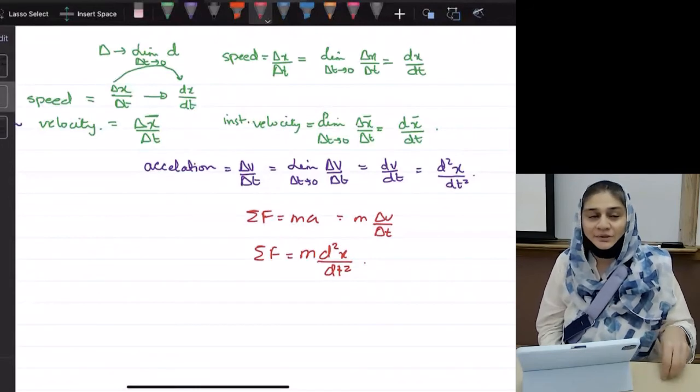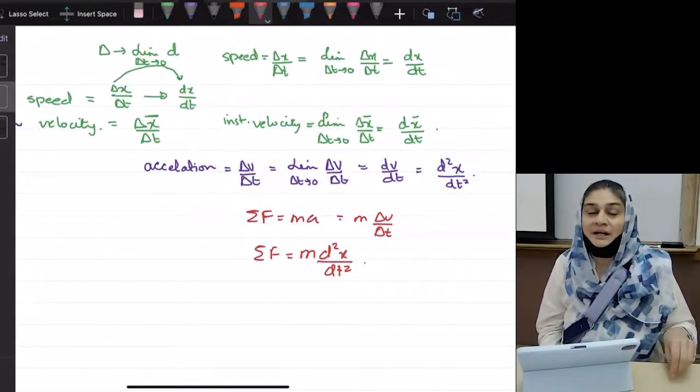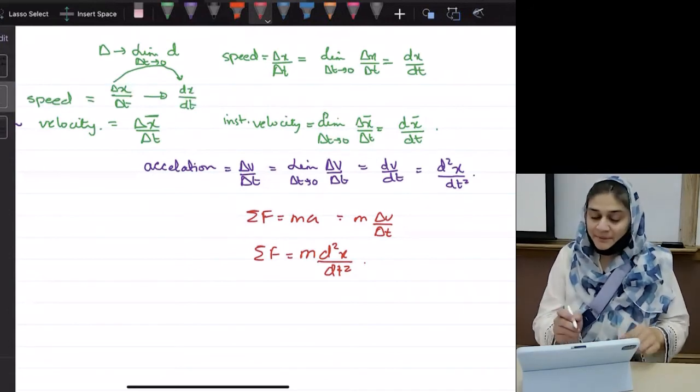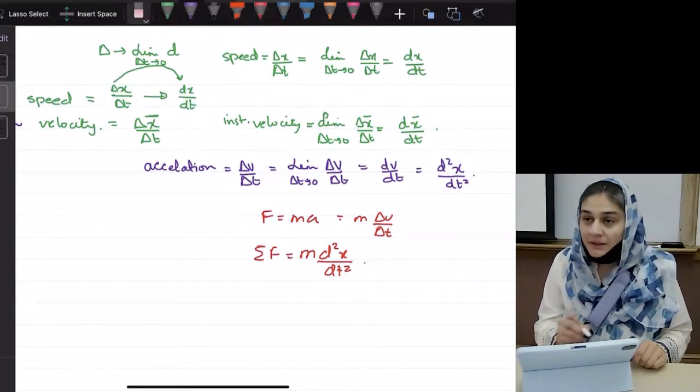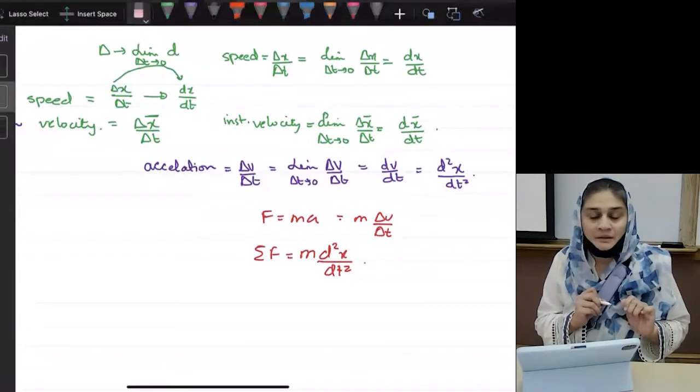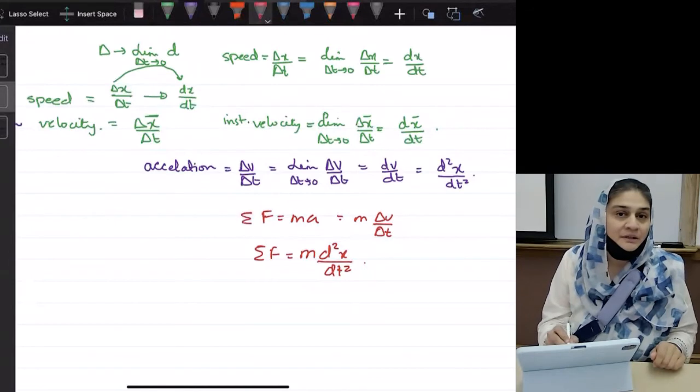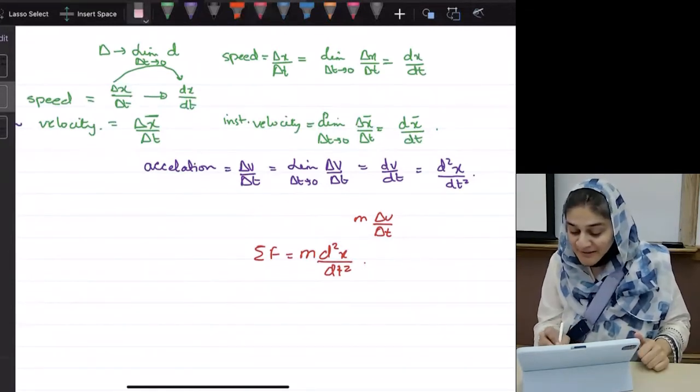That will take our Newton's second law and make it into a second order differential equation. Excellent. Okay, I'm going to erase this. Wait, anybody still writing? Okay, hold on. We'll talk more about this later. Okay, everybody got done writing this?